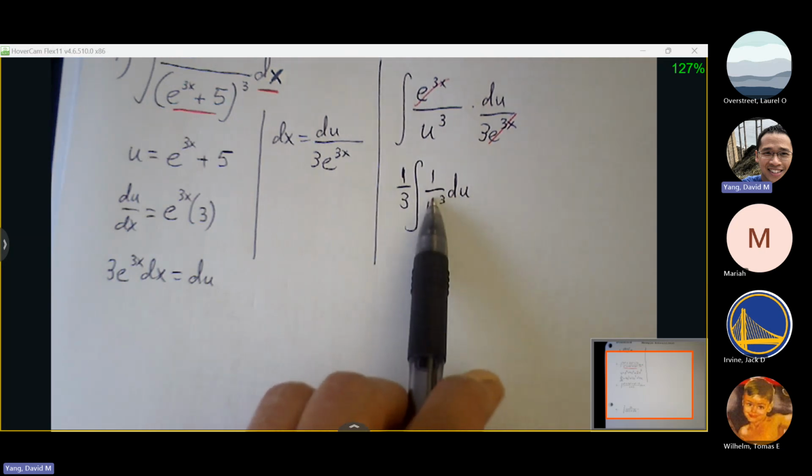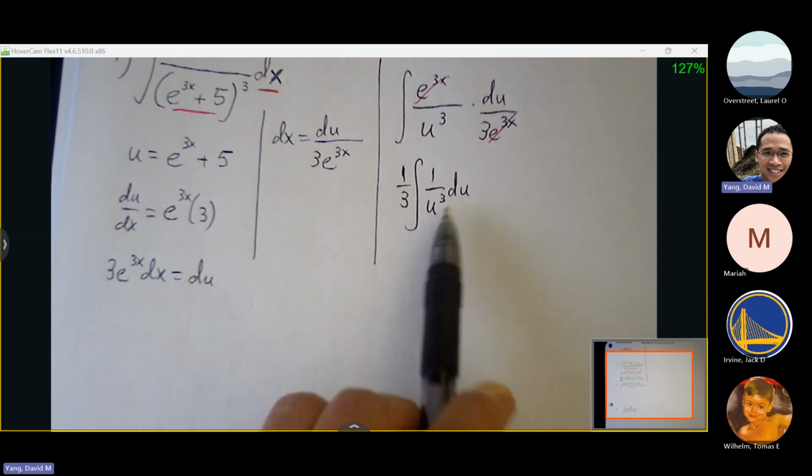Right, so just be careful. Don't assume that every u in the denominator is going to be natural log.